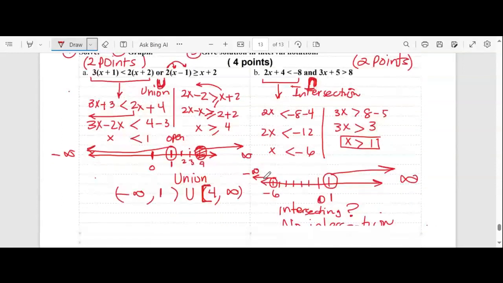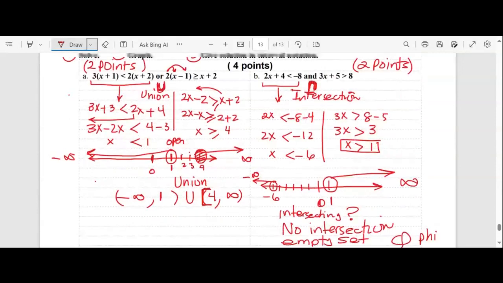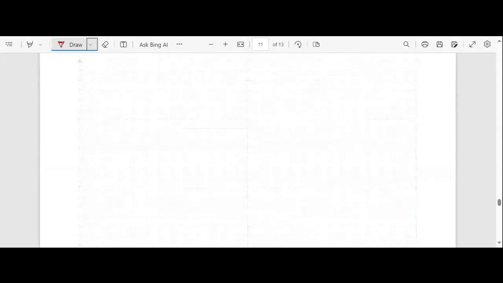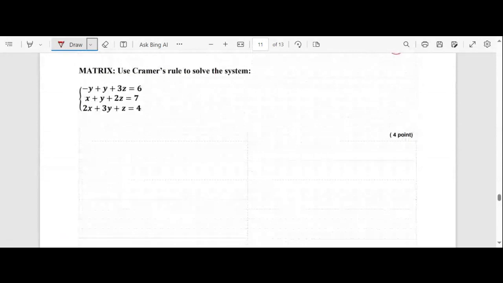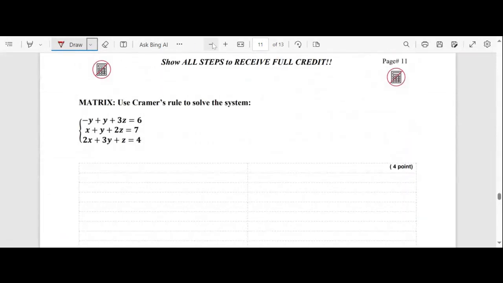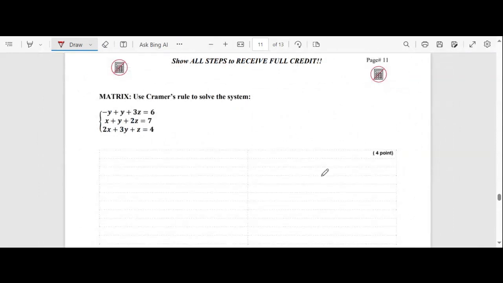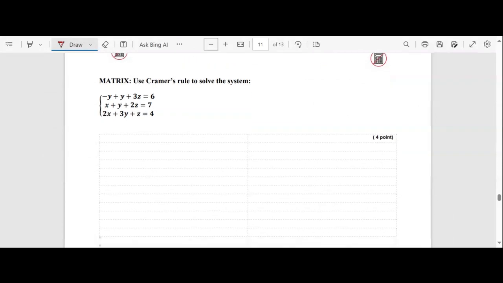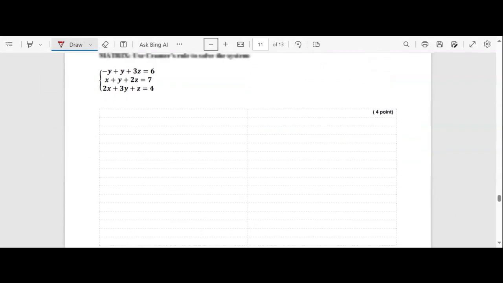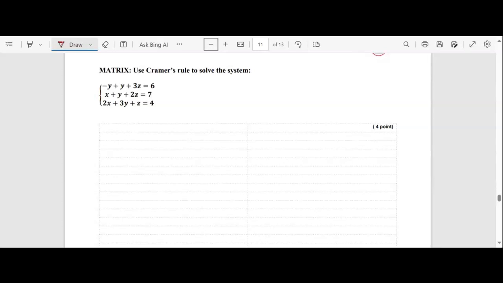Okay, so let's go to the previous one. Use matrix. Use Cramer's rule to solve the system. Okay, so here I have to change this to a matrix.